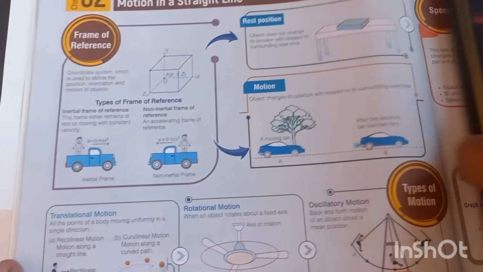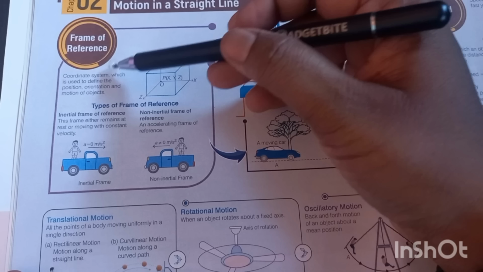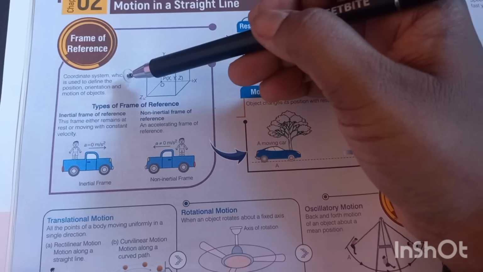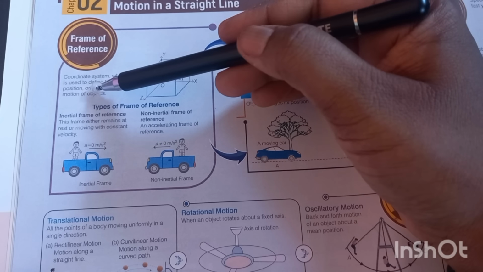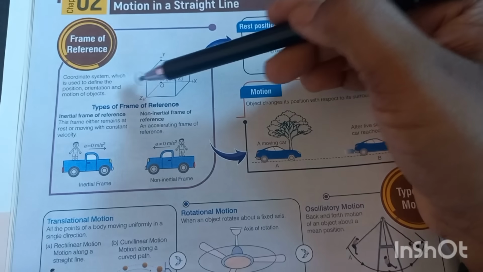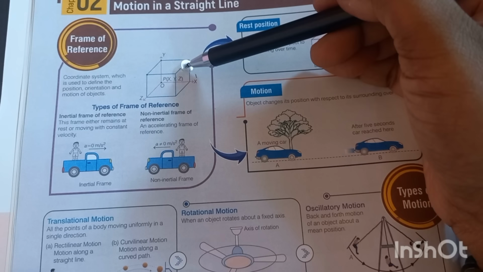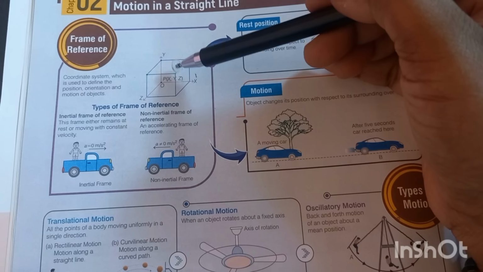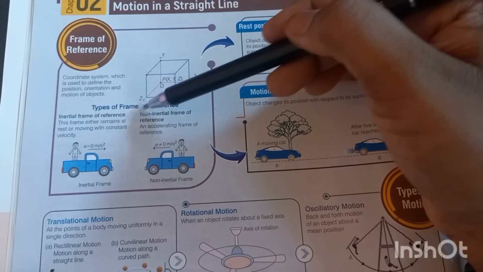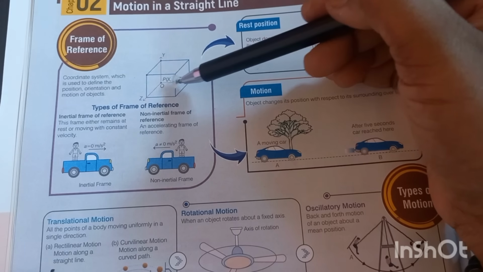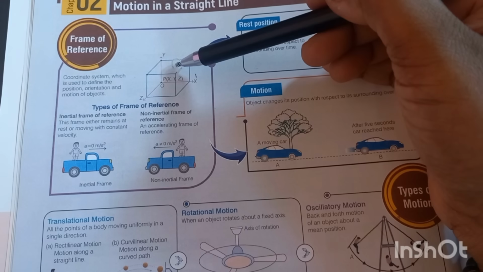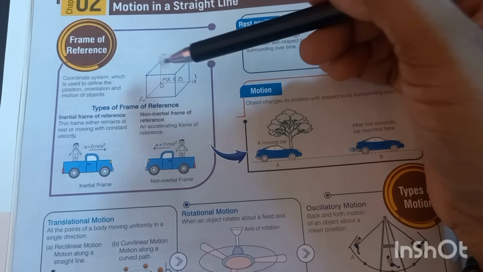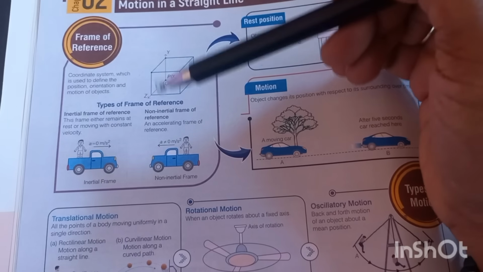Okay, so I will read out the definition. Coordinate system which is used to define the position, orientation and motion of the objects. So types of that is known as the frame of reference. So coordinates, it has x-axis, y-axis and z-axis. So wherever the particle is or the body is, we can define the position of that body with respect to the frame of reference.